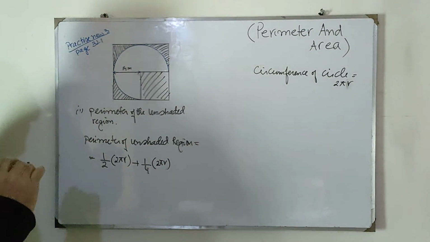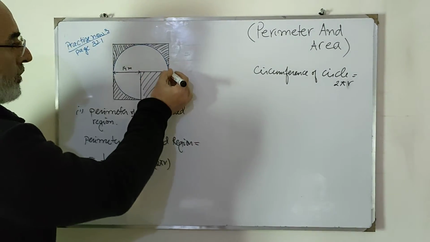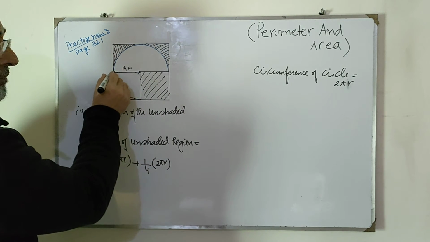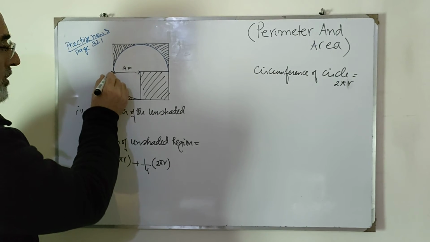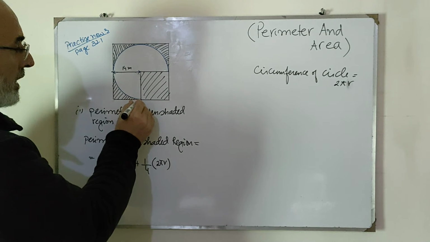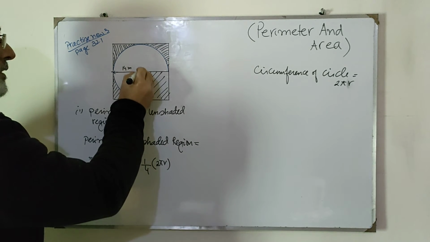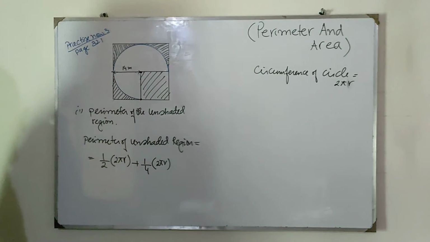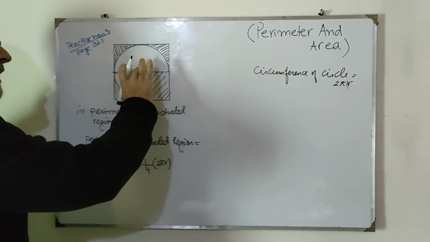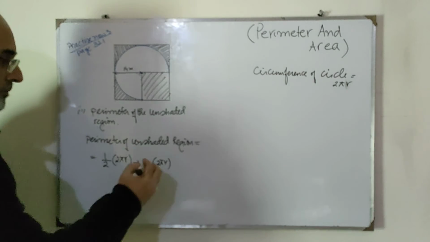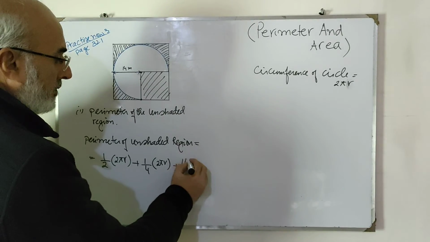Now, we started from here and covered this area. Then from this part, we covered up till this area. Now we are to cover from here to here. What is it? This is equivalent to the radius of the circle, so plus 14.